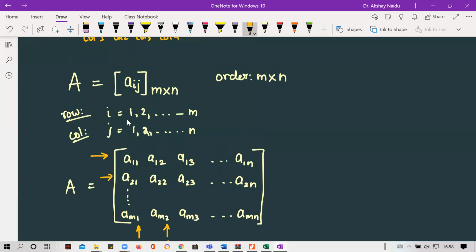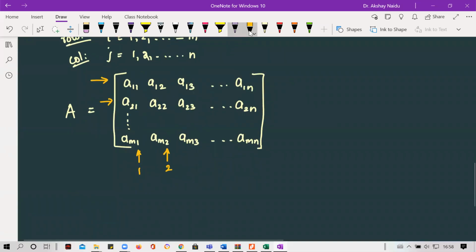Now there is a classification of matrices.